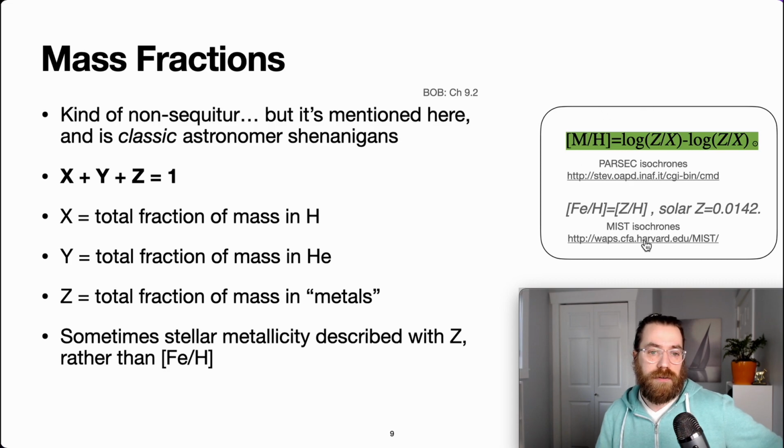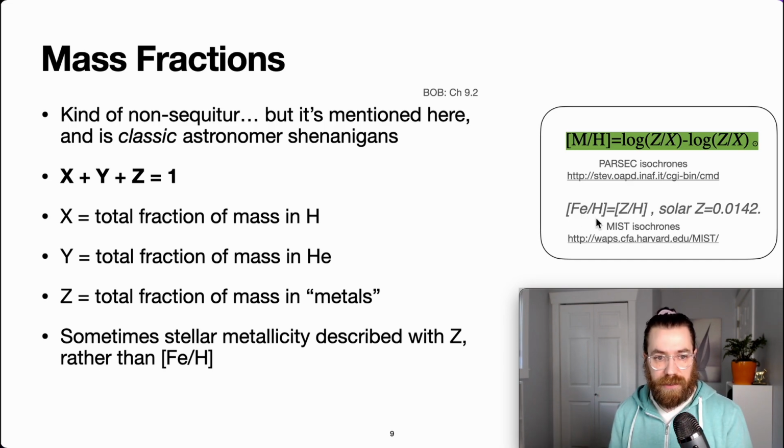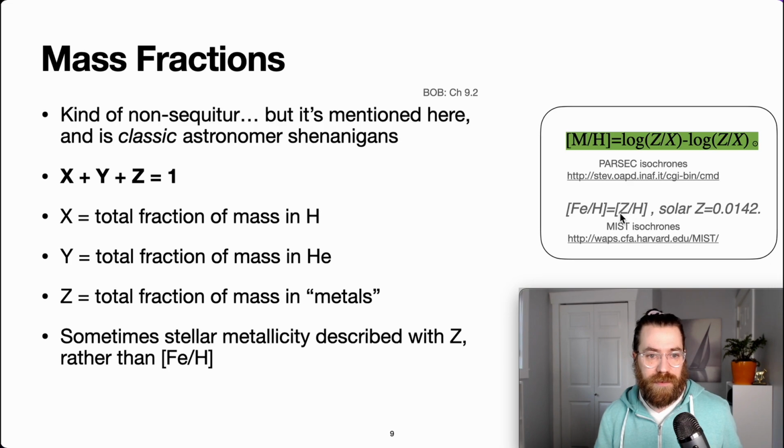And indeed, you've already engaged with MIST isochrones. With MIST isochrones, you type in an Fe over H when you're selecting your isochrone for your stellar cluster. And they make the point that Fe over H is Z, which I think they mean as Z over H just means Z, the amount of metals relative to hydrogen.